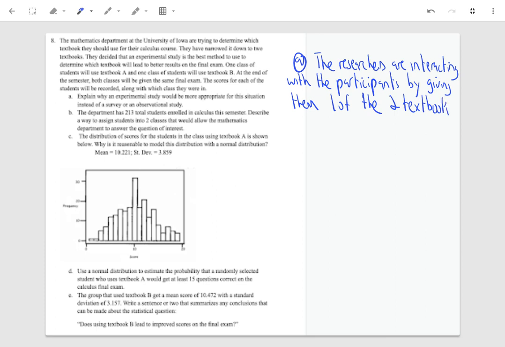They're not simply observing them. They're actually giving them a textbook to use.